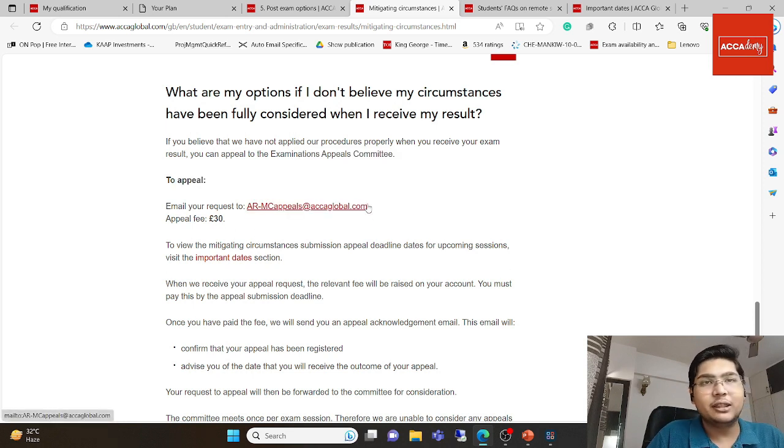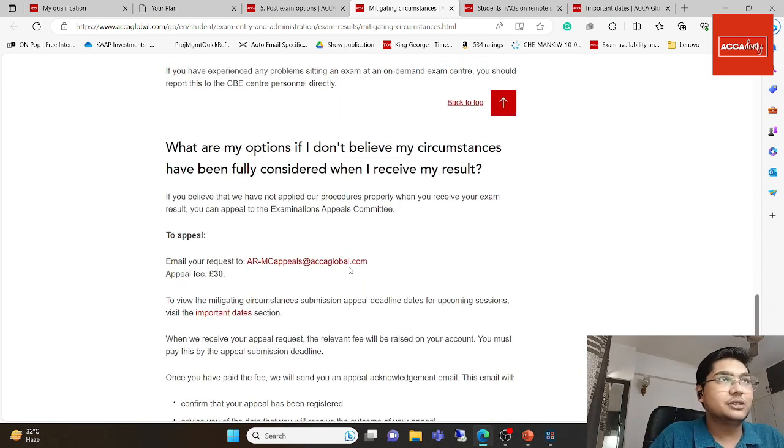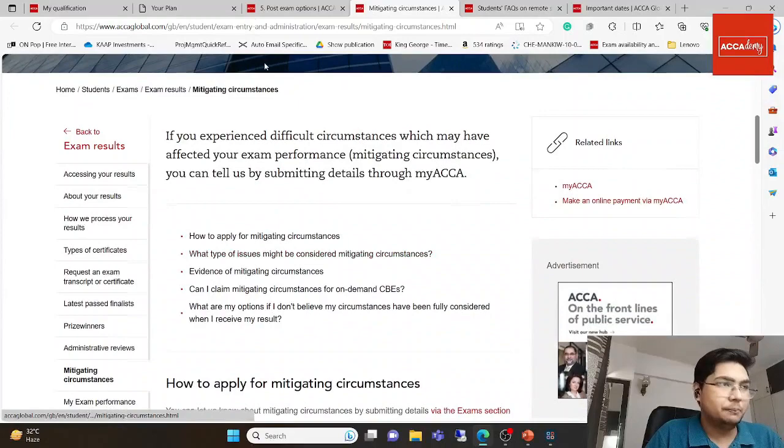I will be providing the page link in the description, so you will have all the instructions in hand, but you have to pay a fee of 30 pounds. If you are appealing the decision of ACCA, you have to pay a fee. And otherwise, for filing mitigating circumstances, for rebooking, for canceling, you do not have to pay any fee. So that is something you have to keep in mind if you are appealing.